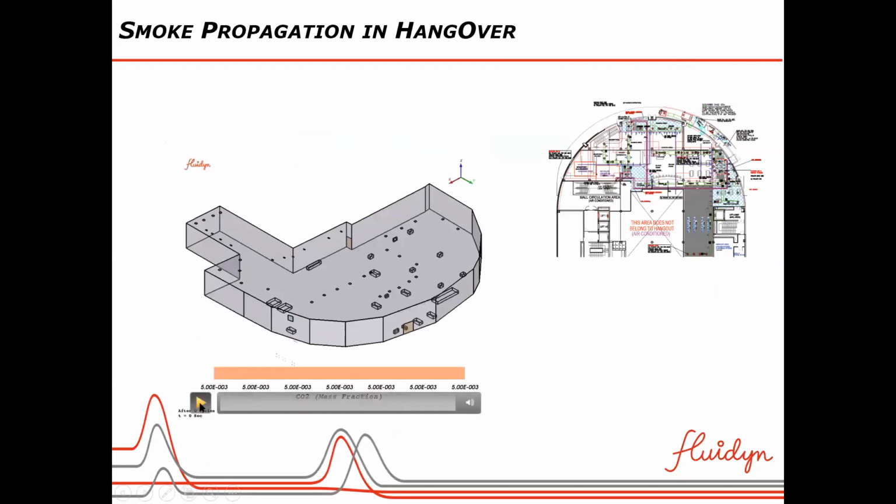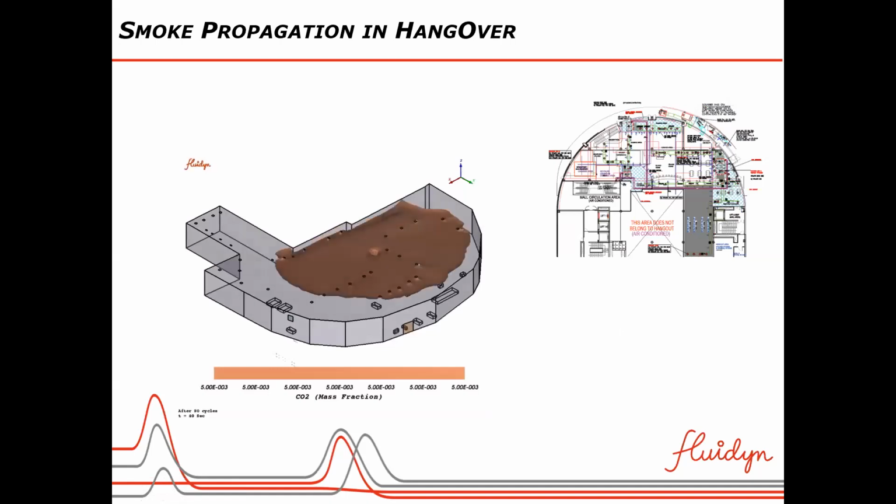This is also a smoke extractor, to test the effectiveness of the extractors for the smoke. It's a fire curve: for a particular time the fire will be there, then at one particular time it will be deactivated. Later these extractors start extracting air from the top, so that at one particular time all the smoke gets extracted and escapes through the top vents.